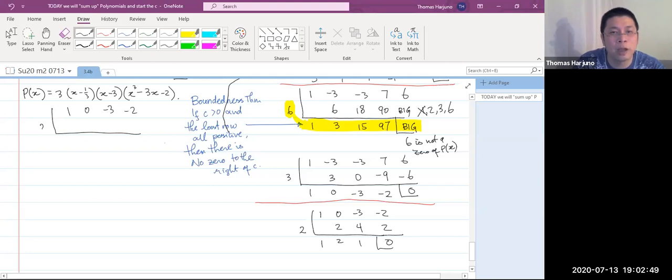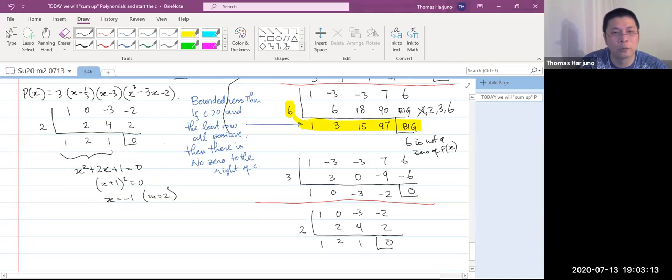When I divide by x minus 2, I get 1, 2, 1, 0. Okay. And then the last part, this is x squared plus 2x plus 1. Set it equal to 0. That's x plus 1 squared. So x equals negative 1 with multiplicity of 2.